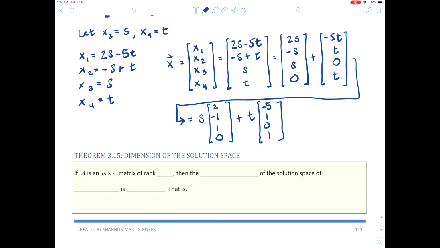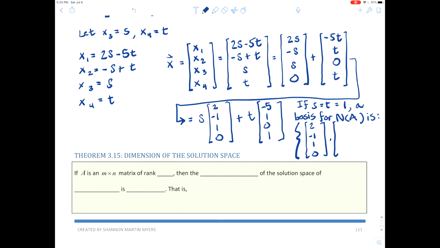So at this point, you can let s equal whatever you want and t equal whatever you want. So here, if we let s equal t equal to 1, a basis for the null space of A is the two column vectors 2, negative 1, 1, 0, comma, negative 5, 1, 0, 1.